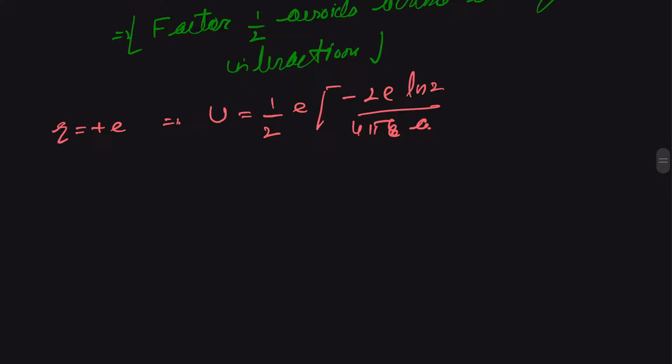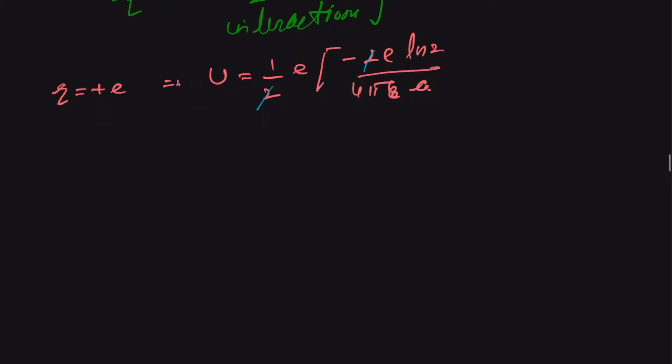And here this 2 and 2 cancels out. Therefore we get that the energy is our minus e square natural log of 2 divided by 4 pi epsilon naught times a. Okay, and so this value is same for the negative ions by symmetry, okay, because it is entirely symmetric.